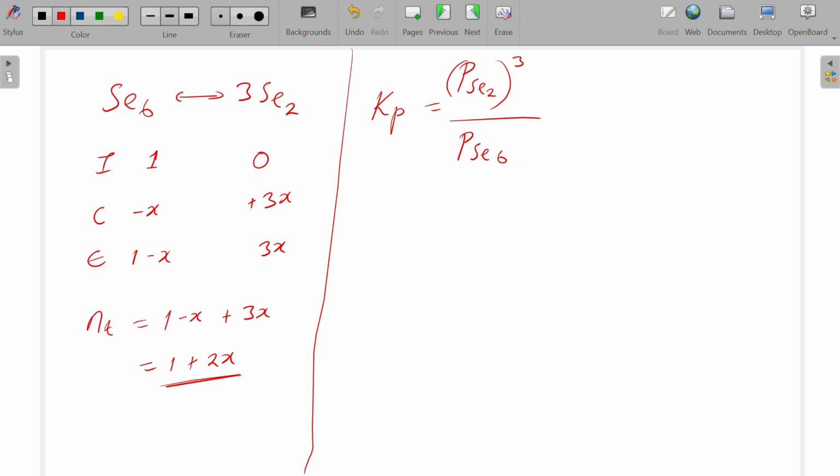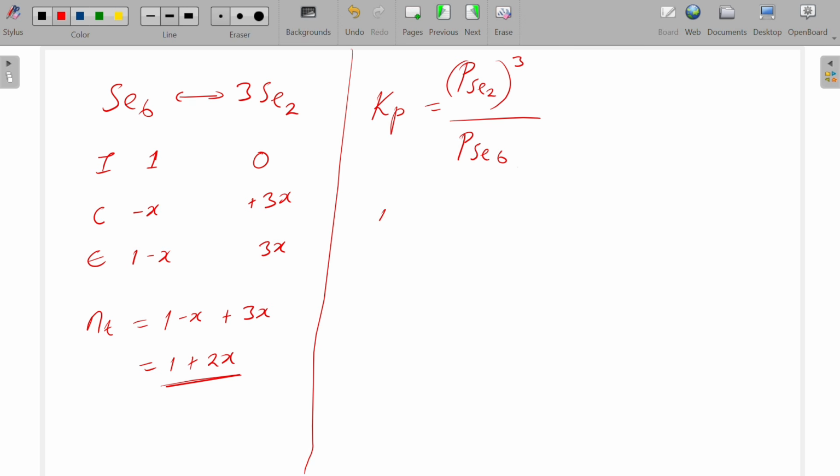Now, remember, what we basically have here are partial pressures. If you still remember Dalton's law of partial pressures, we are also taught that the mole fraction can help us find the partial pressure of a component.